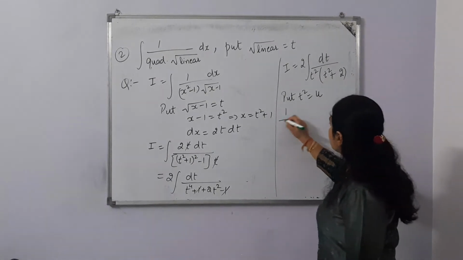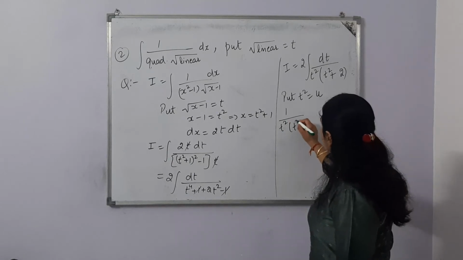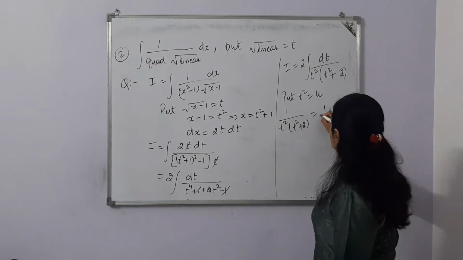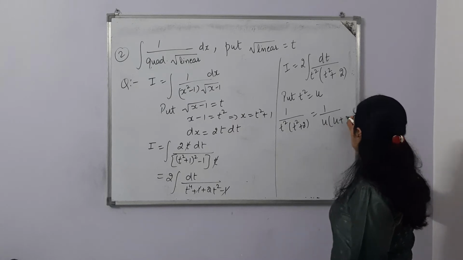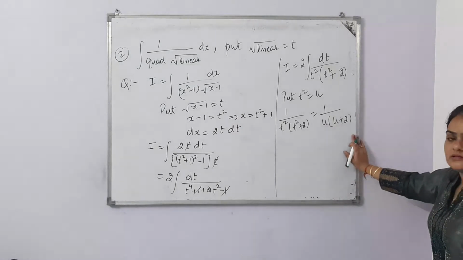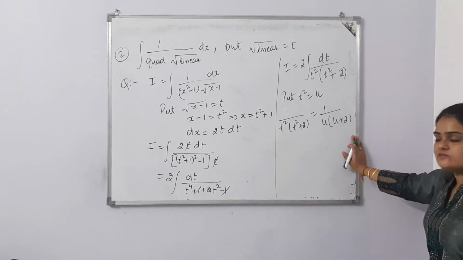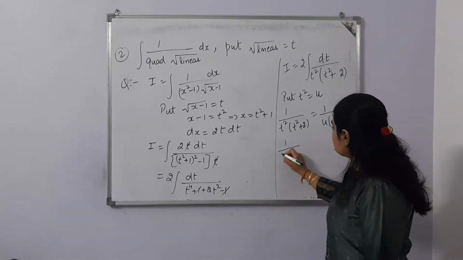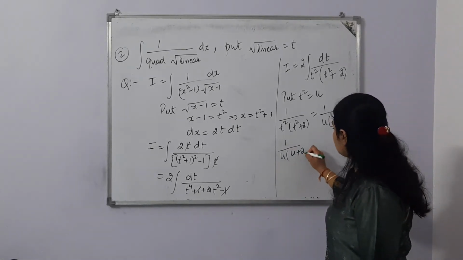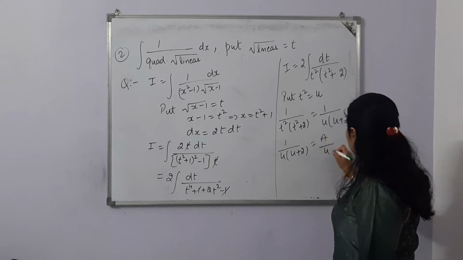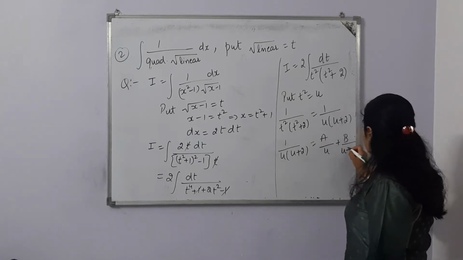So we have 1 upon t square into (t square plus 2) is equal to 1 upon u into (u plus 2). Now linear factors are there, so we can do partial fractions. So 1 upon u into (u plus 2) is equal to a upon u plus b upon u plus 2.